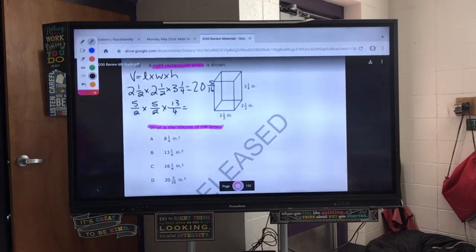So it's 5 halves times 5 halves times 13 fourths. Did I do it wrong? No. Alright, what do you get when you do that? 20 and 5/16.